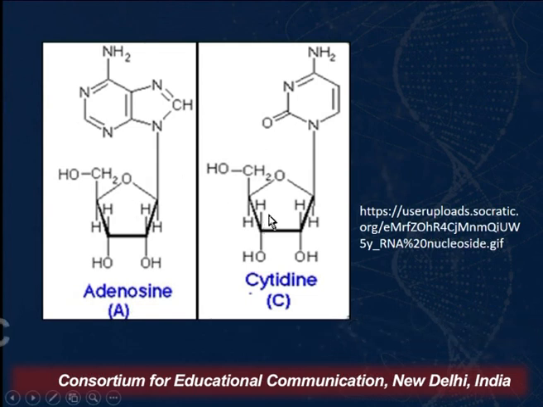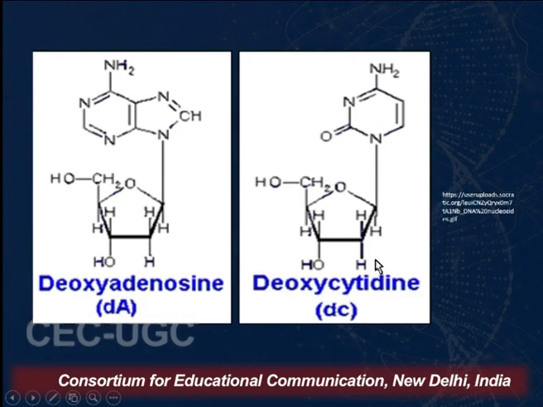Whereas when we look into a pyrimidine, again here the sugar is ribose and the bond is between the C1' of the sugar and N1 of the pyrimidine, which is here cytosine. So the nucleoside will be named cytidine, and here it will be named adenosine. And you have to remember that these are the common names, these are not the IUPAC names.